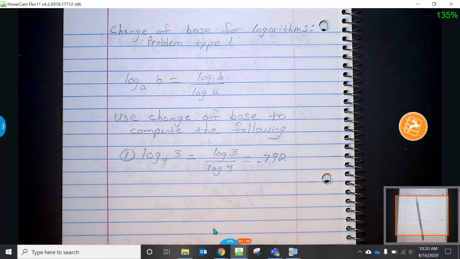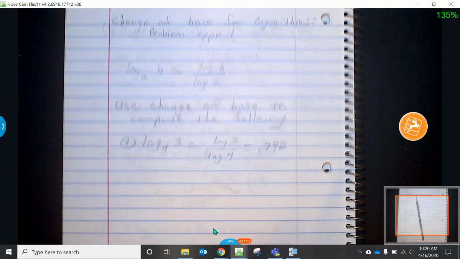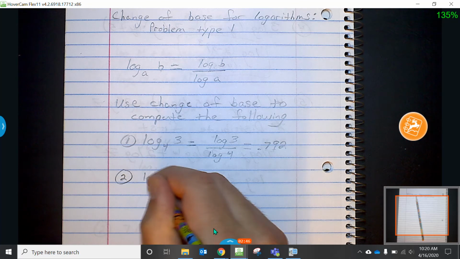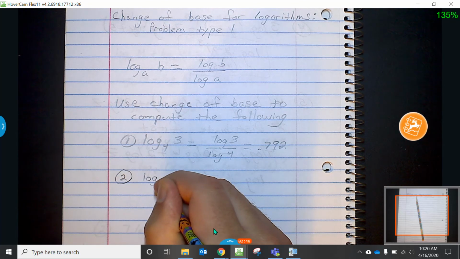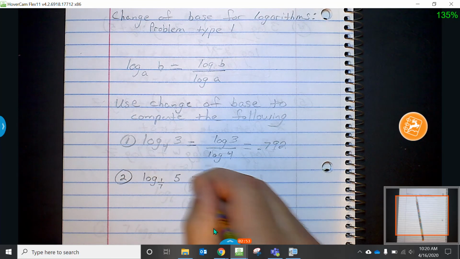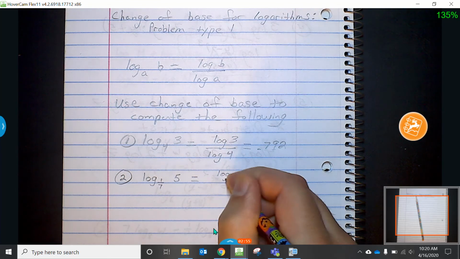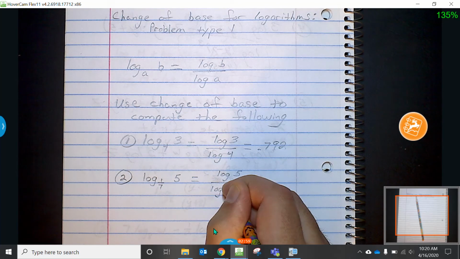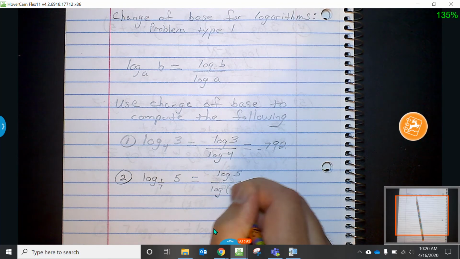So a pretty clear-cut process. So here they give you one with a fraction, log base 1/7 of 5. So I'm going to go log of 5 over log of 1/7.